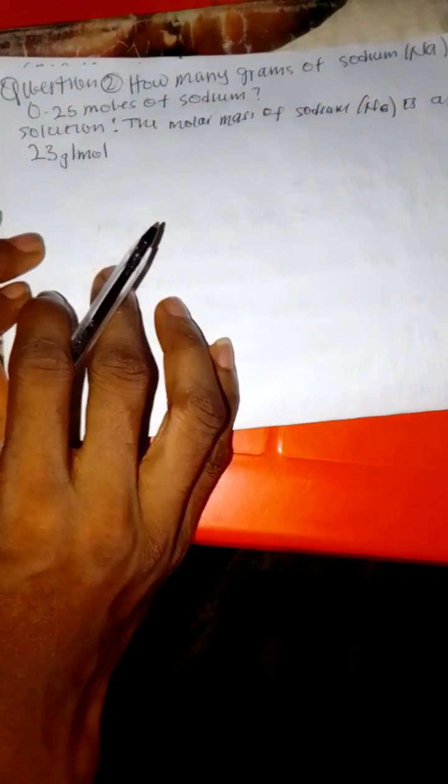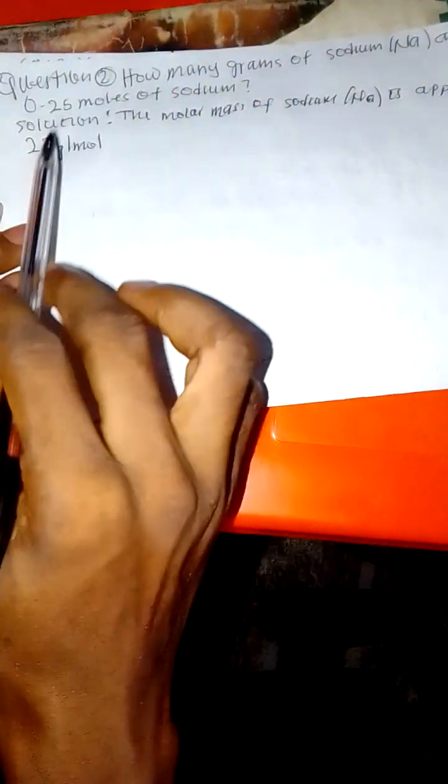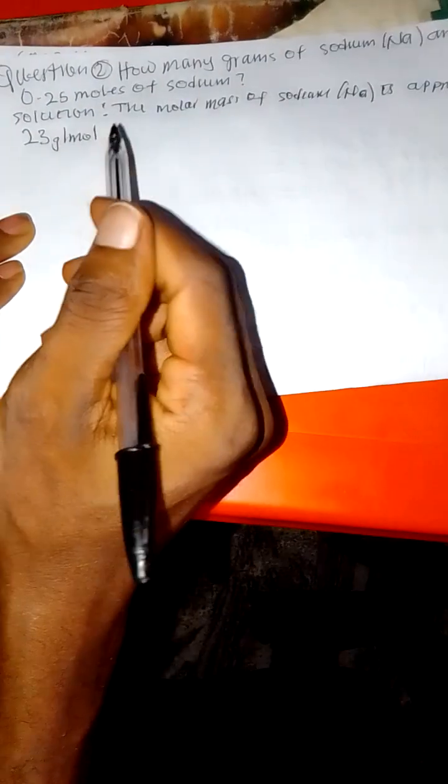Once you check your periodic table, you find out that the molar mass of sodium is 23.